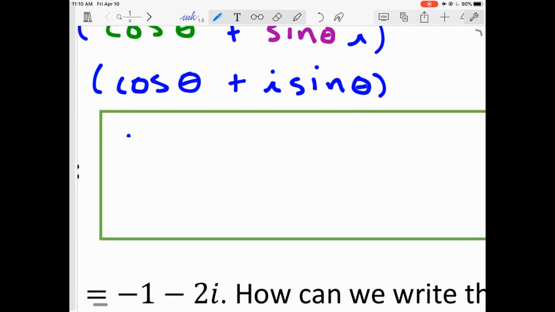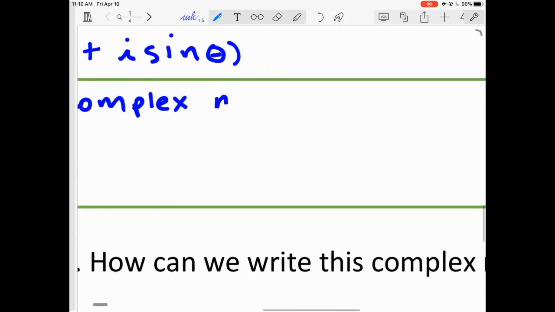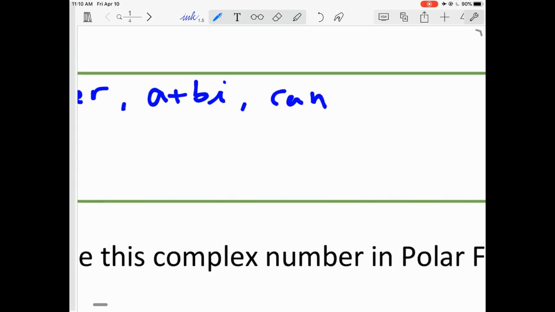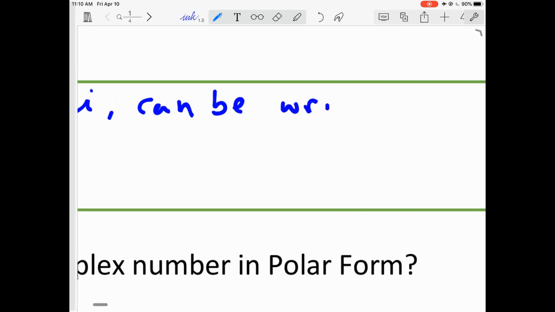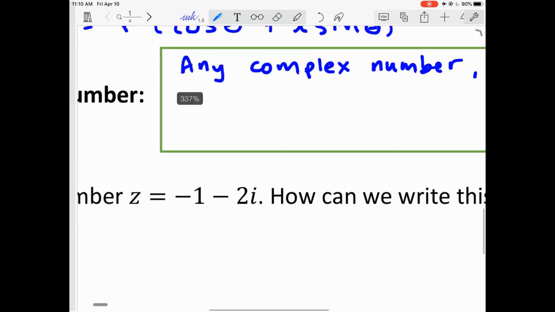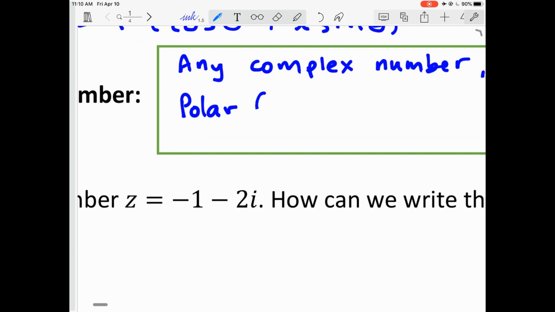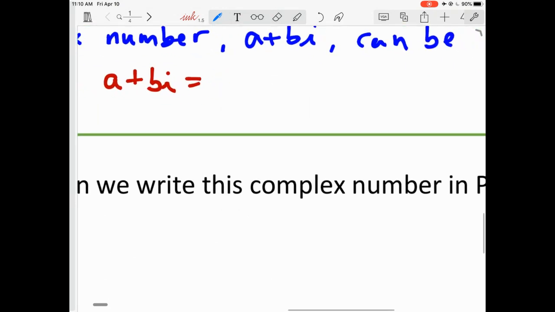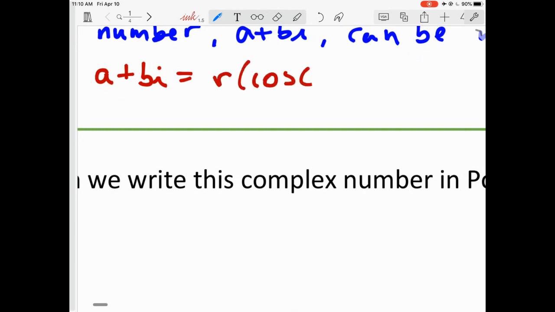Any complex number, we'll call it a plus bi, can be written in polar form, which is a plus bi is equal to r cosine theta plus i sine theta.